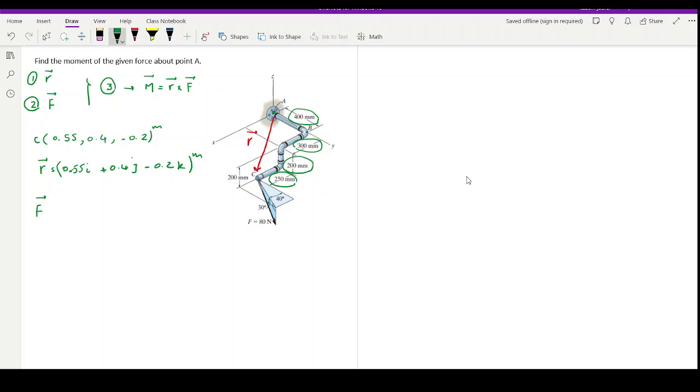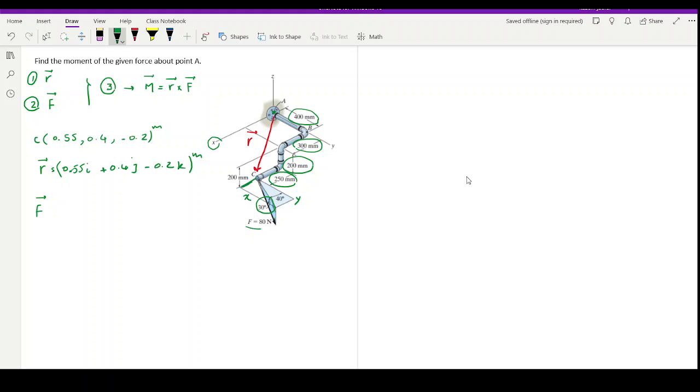When you see two angles, that means that one of the angles, which is this one in this example, is showing the angle between the force and the plane. In this example, the plane is x, y, because you can see that this is parallel with y and this one is parallel with x.